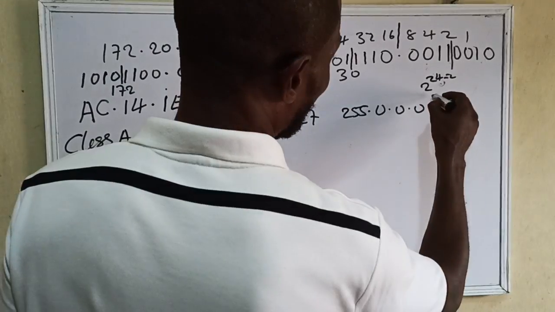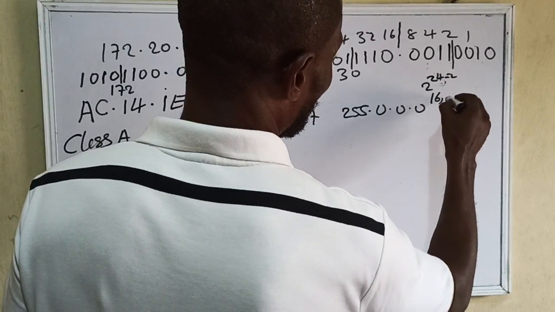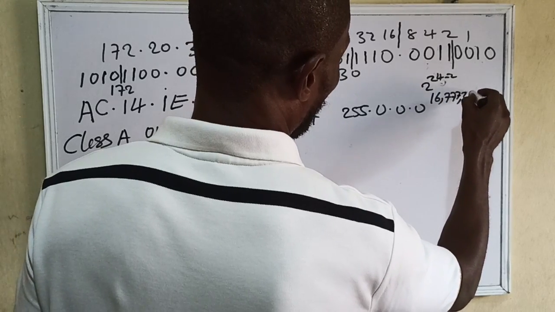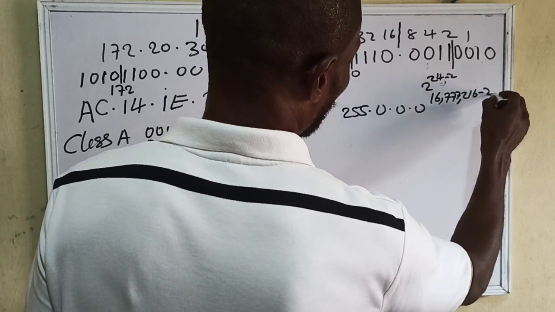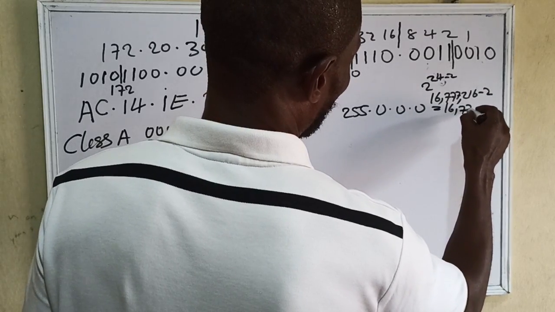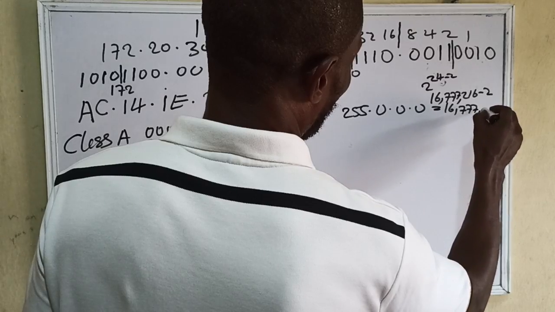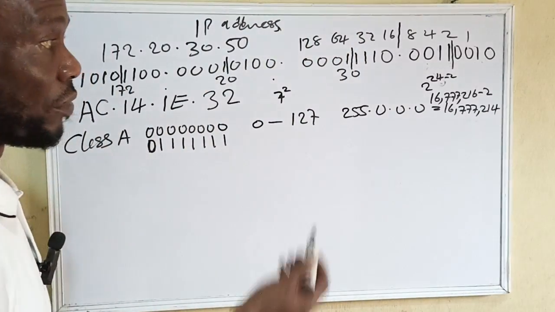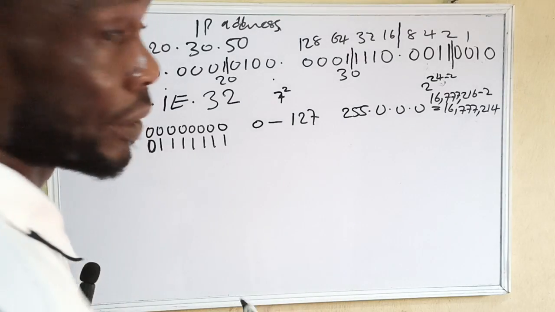Which will give you 16,777,216 minus 2, which is equal to 16,777,214 valid host addresses. Very large address, class A.